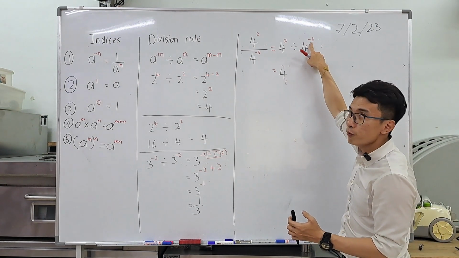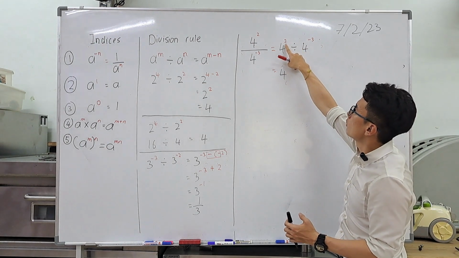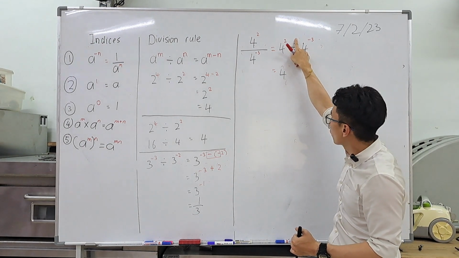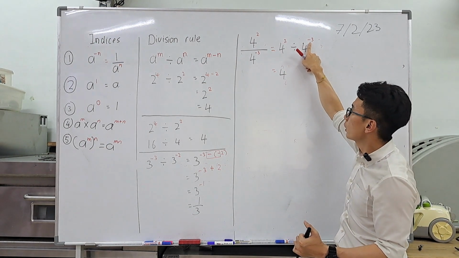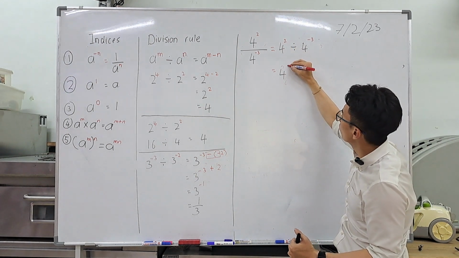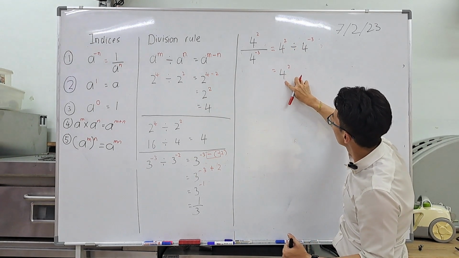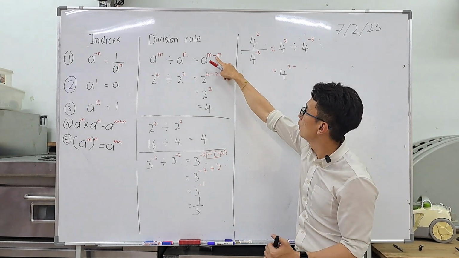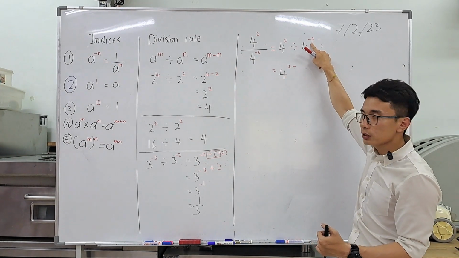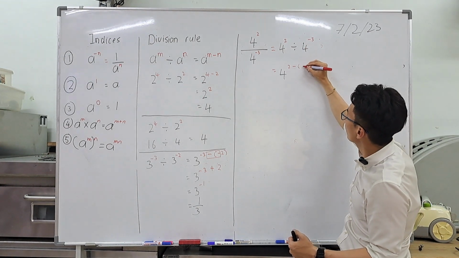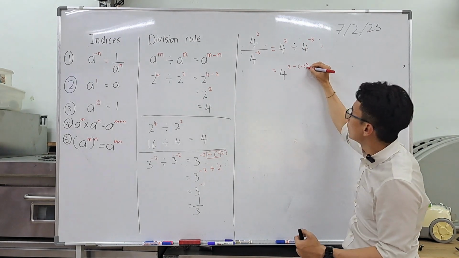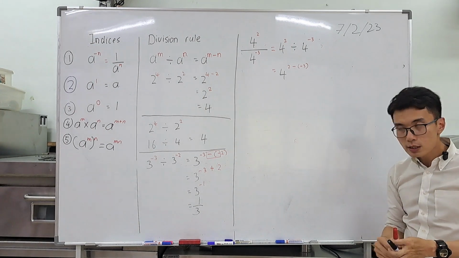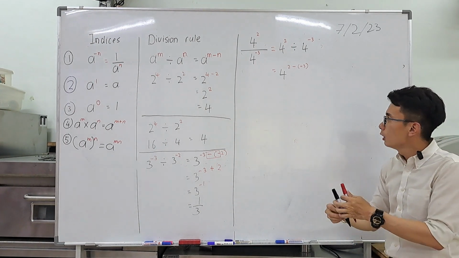Now remember, be careful, there's a negative sign here. So it's going to be this power subtract this power. This power is 2. I am going to subtract, based on the formula, this power, negative 3. So I'm going to put a bracket and write my negative 3 inside here. It is written in this way.